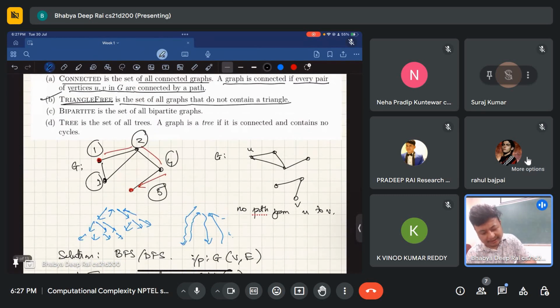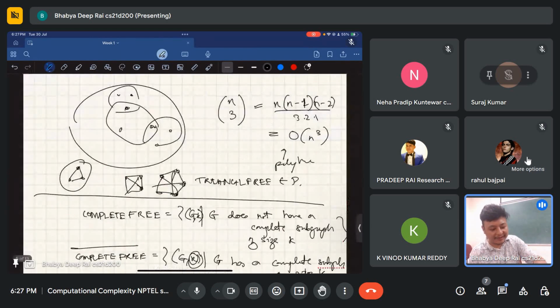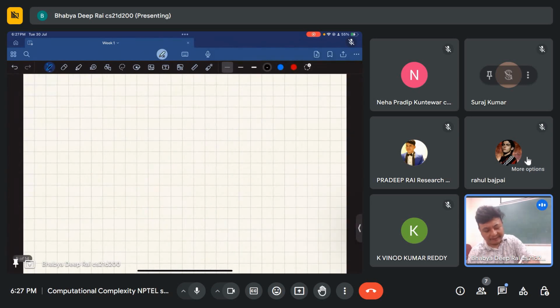Now, here is another problem: bipartite graph. I hope everyone knows what a bipartite graph is. A bipartite graph is a graph which looks as follows.